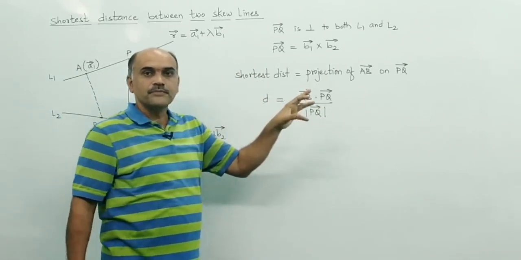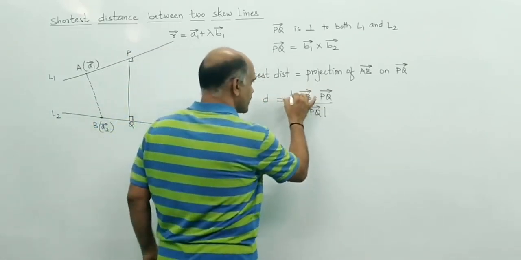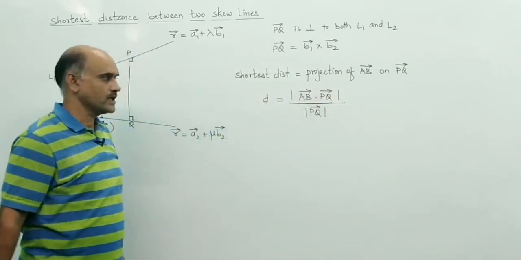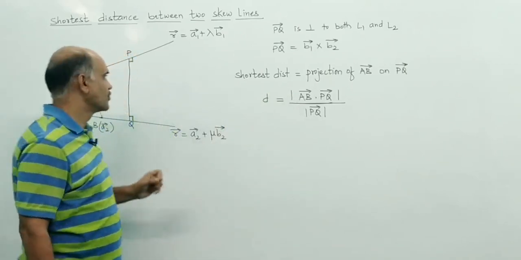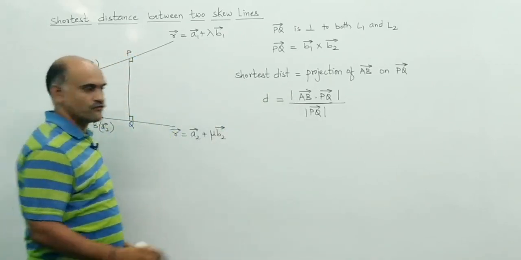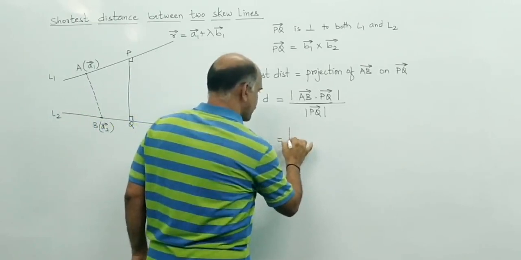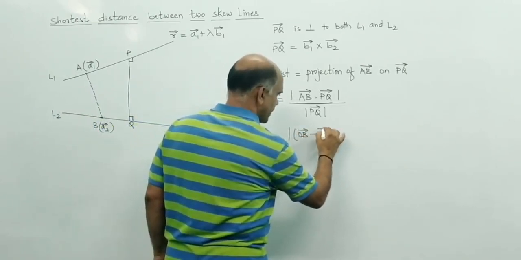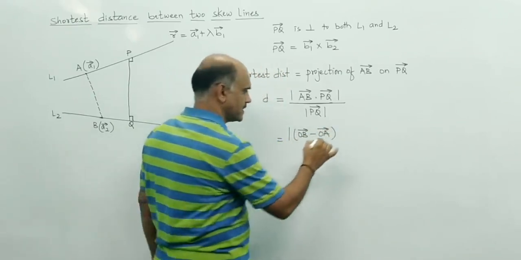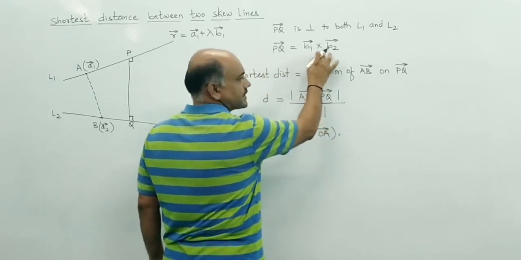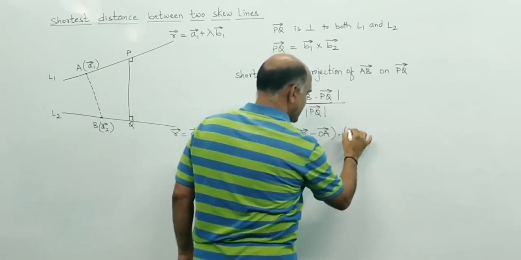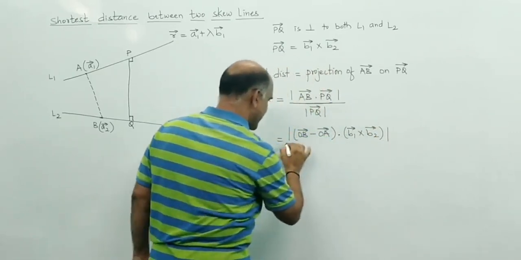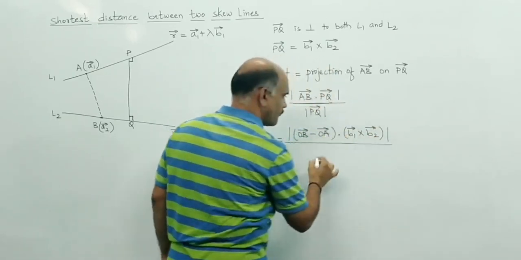Distance will never be negative, so here also we take it as a mod, so that you don't get a minus sign. Now substitute vector AB. Vector AB I can write as mod of OB minus OA in terms of position vector, dot PQ, I can write as B1 cross B2, whole divided by magnitude of PQ.